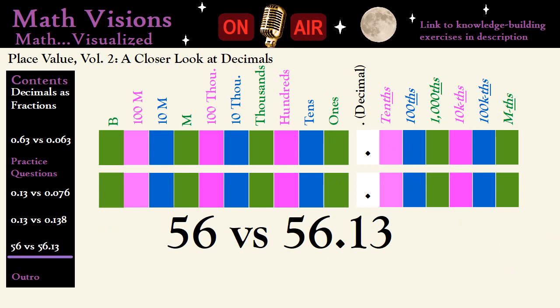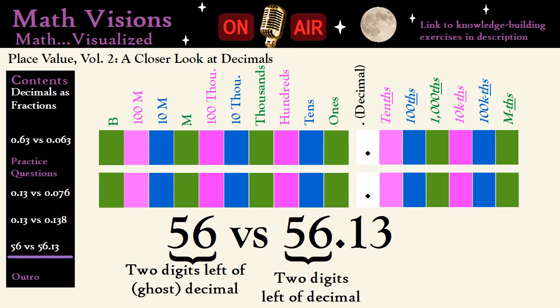Finally, how about 56 as well as 56.13? They both have two digits to the left of the decimal. Furthermore, each number is the same left of the decimal. What do we do now? If you said, look at the digit just to the right of the decimal, that's correct.